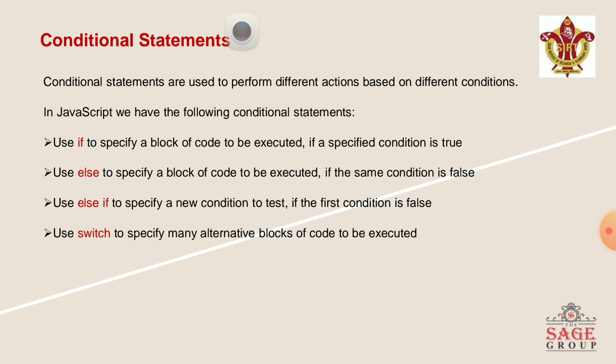Use else to specify a block of code to be executed if the same condition is false. Use else if to specify a new condition to test if the first condition is false. Then use switch to specify many alternative blocks of code to be executed.